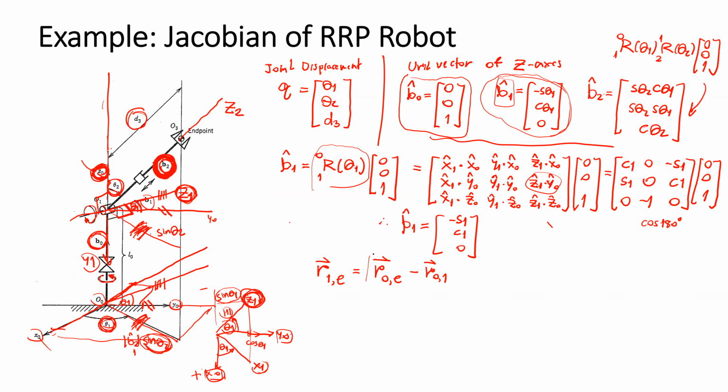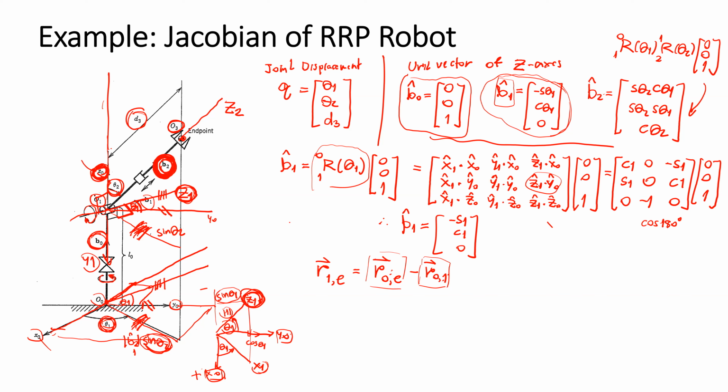Here is the overall relative position vector from the origin of frame 0 to the end effector point, and this one will be the relative position vector from the origin of frame 0 to the origin of frame 1. And the difference between these will be the relative position vector between the origin of the end effector frame and the origin of frame 1.